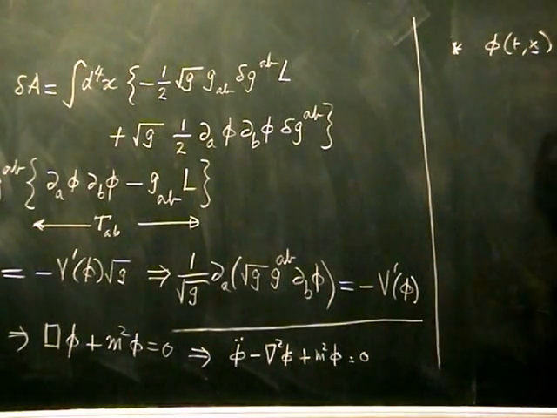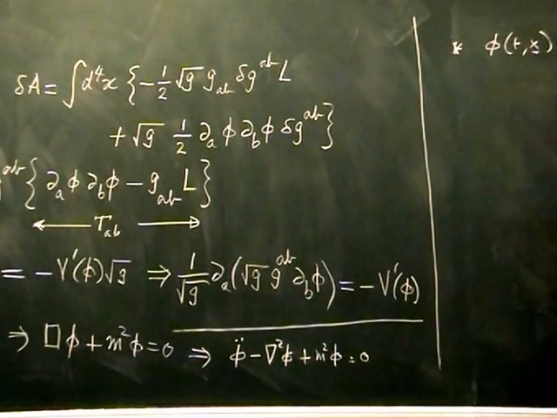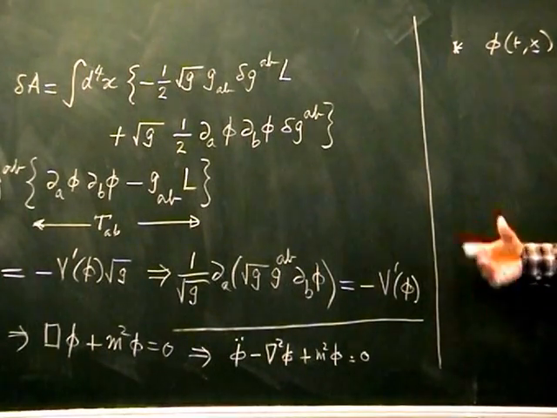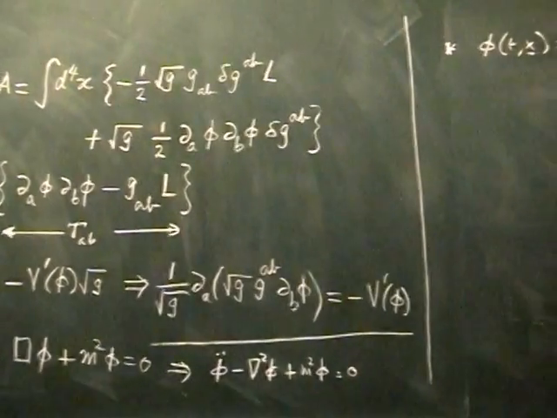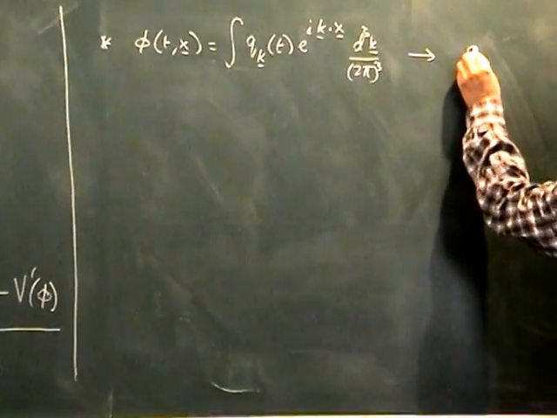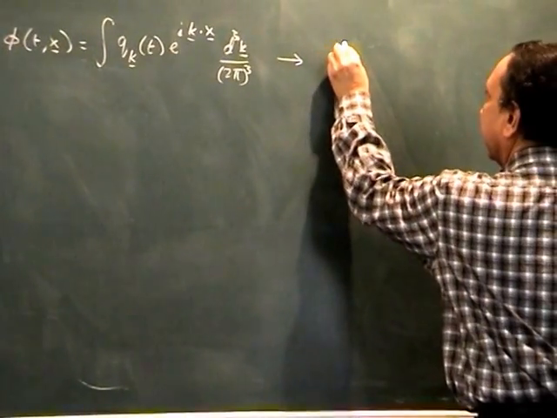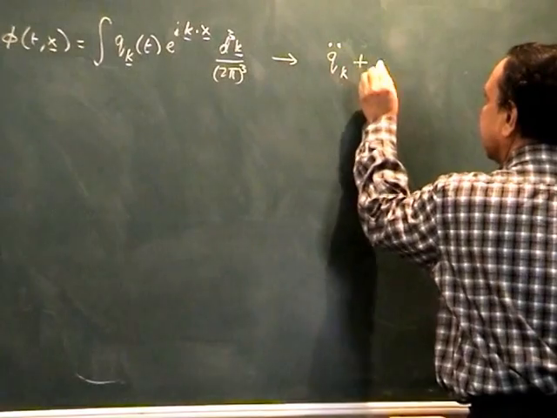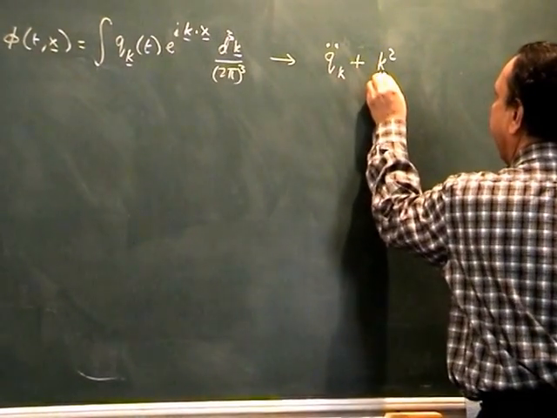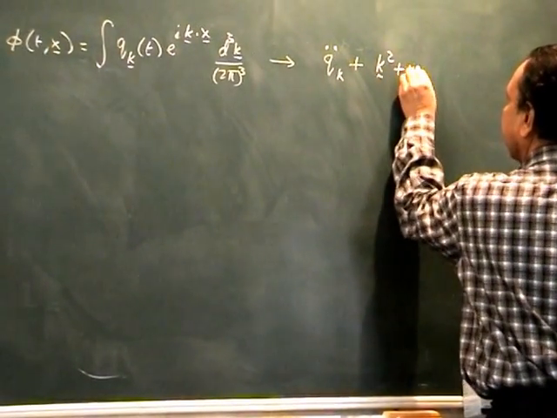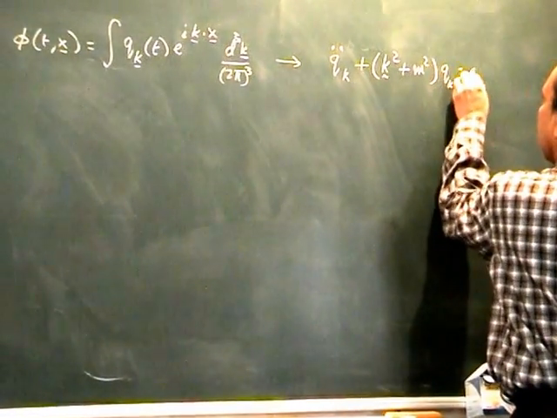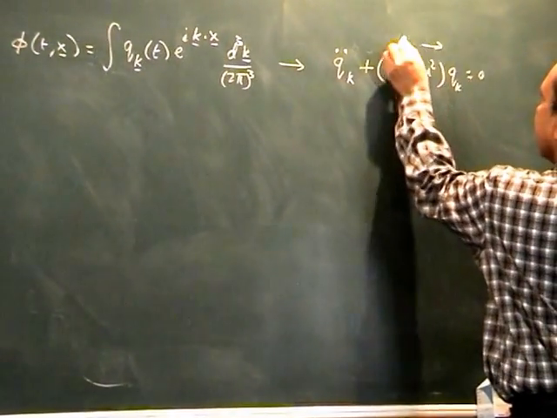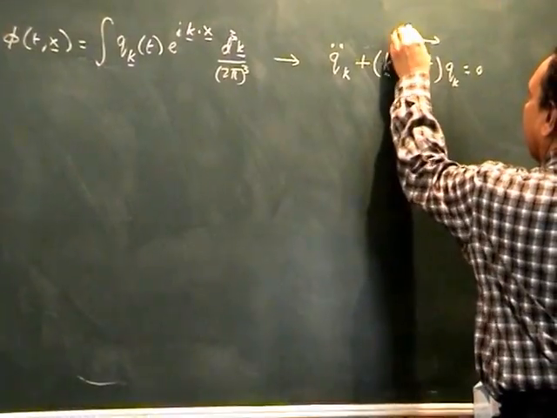The del square when acting on this will produce a minus k square, but there is a minus del square, so it will become plus k square. So if you plug this in, this will lead to the equation qk double dot plus k square plus m square qk equals 0, and this is what we have always been calling omega k square.